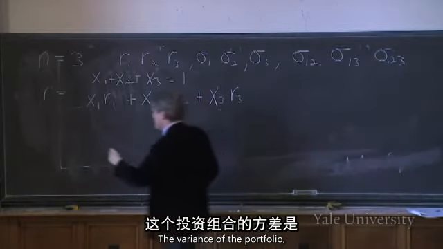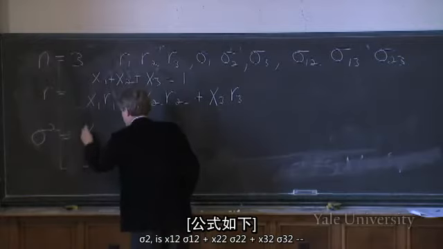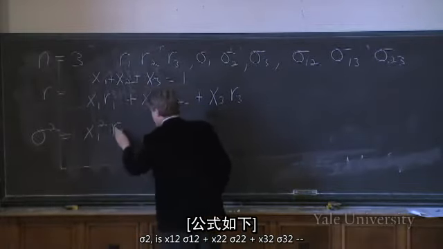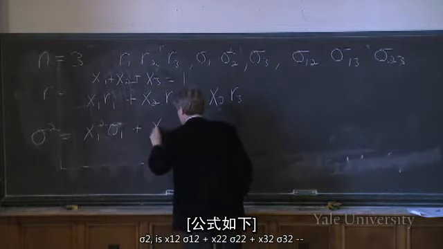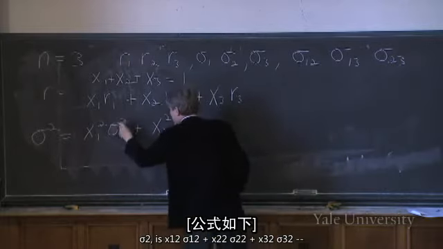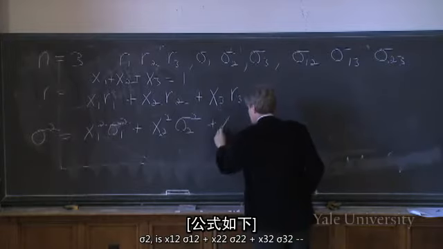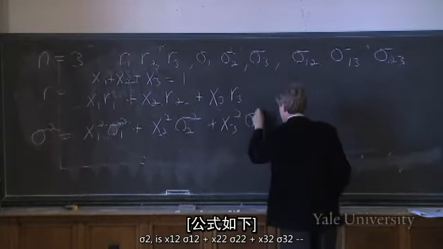And then the variance of the portfolio, sigma squared, is equal to x1 squared sigma 1 squared, plus x2 squared sigma 2 squared, plus x3 squared sigma 3 squared.